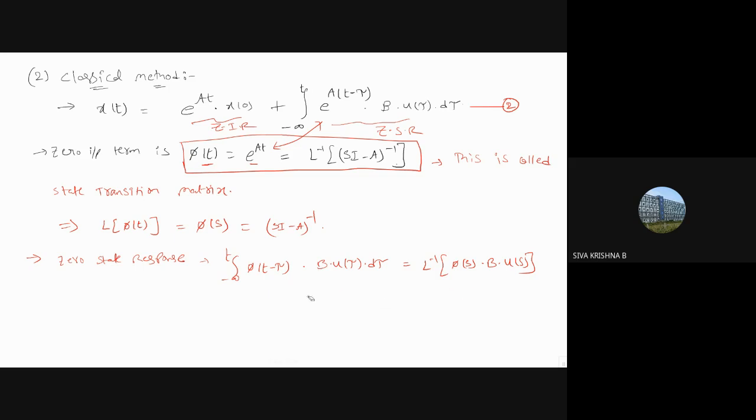If you compare these two, based on these two I can write x of t as e power At into x of 0 plus L inverse of this total replaced by this one. That means L inverse of (sI minus A) whole inverse is phi of s. You can write it as phi of s into B into U of s. So this is one more thing.